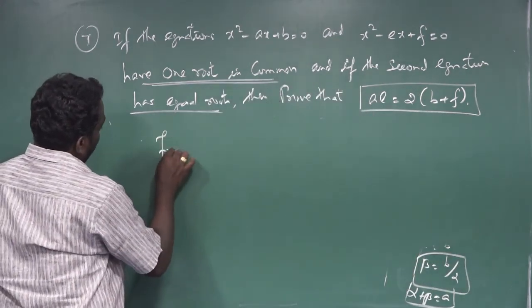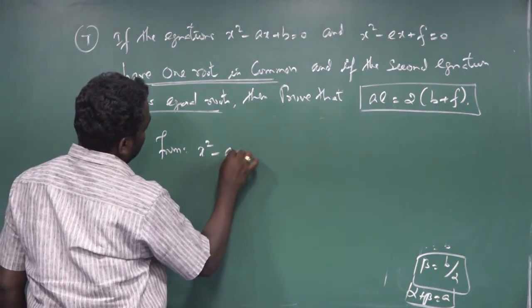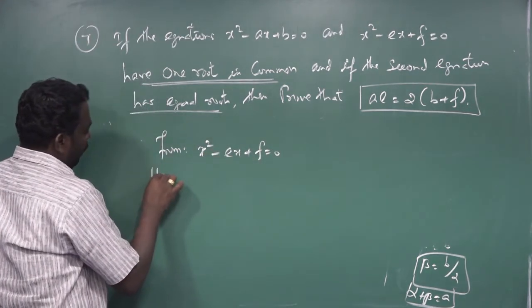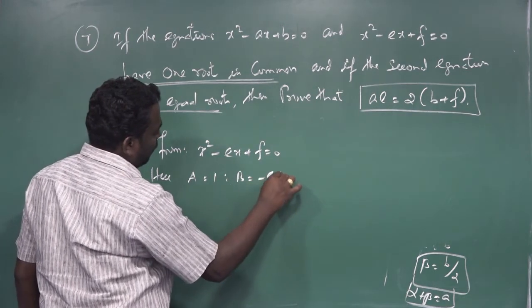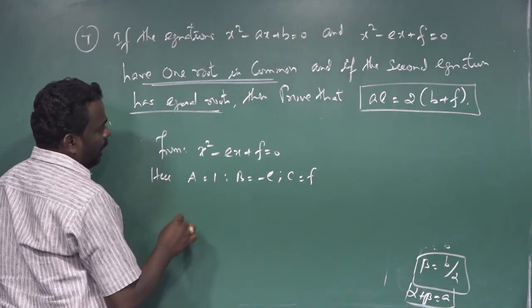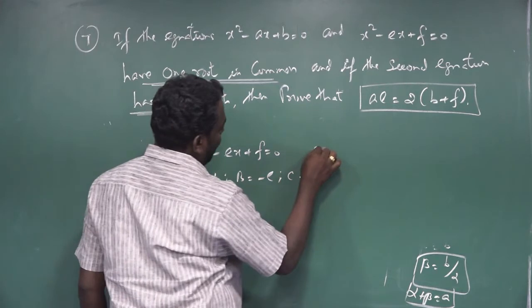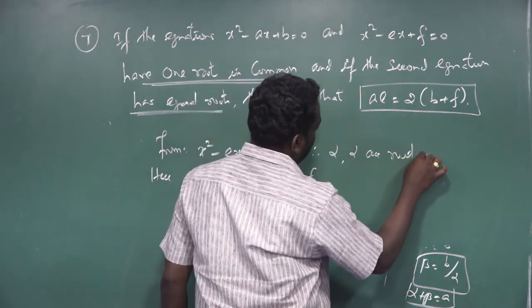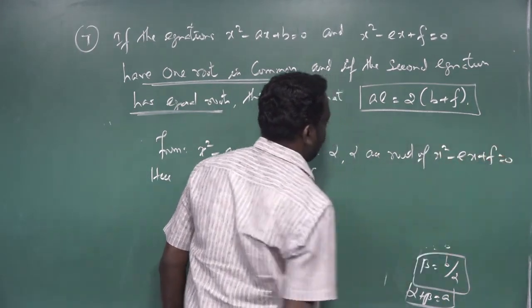Now from the second equation, what is the second equation? x square minus ex plus f, that is equal to 0. And here capital A is equal to 1 and capital B equal to minus e, capital C is equal to f. In the second equation both roots are equal, therefore it can be defined by alpha, as root of the equation x square minus ex plus f equal to 0.